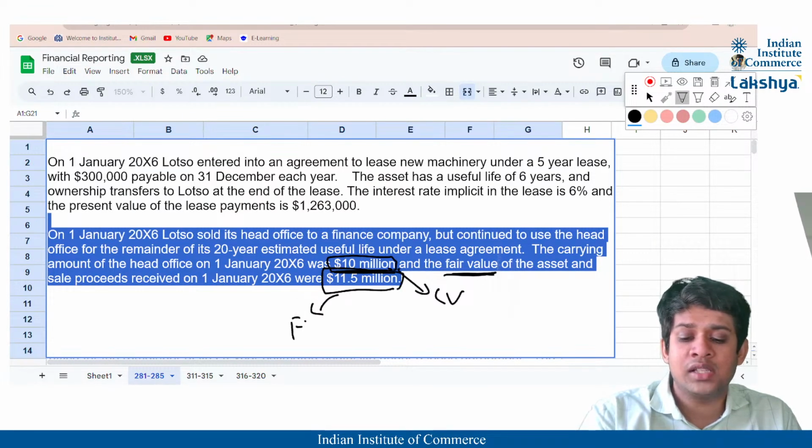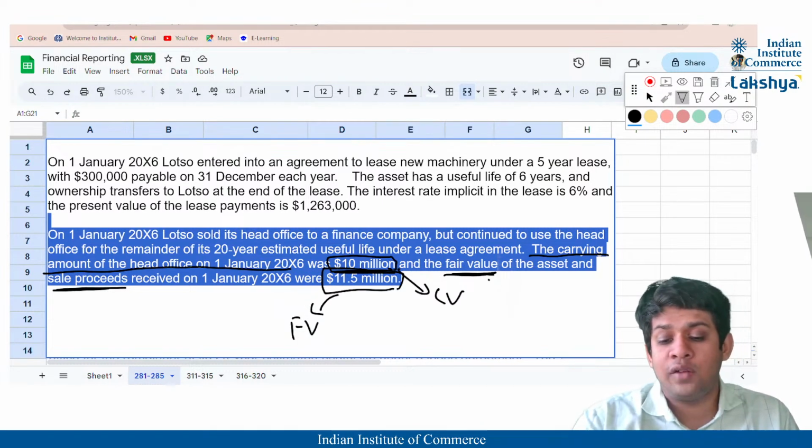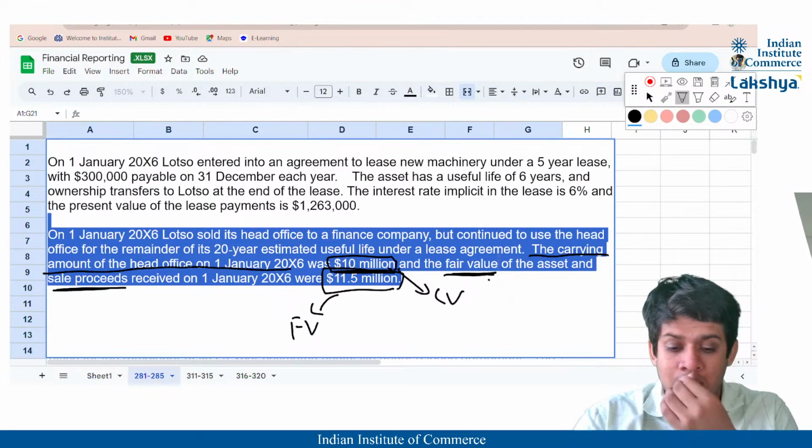So you can see the carrying amount of the head office at 1st January was 10 million, and its fair value and sales proceeds received, that means he sold it at its fair value, that is 11.5 million, on 1st January 2016, right?